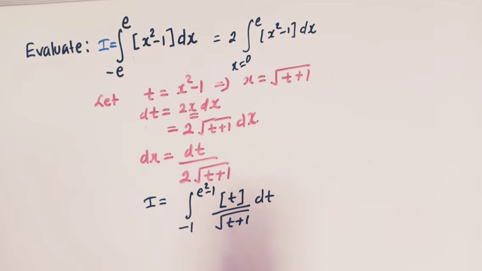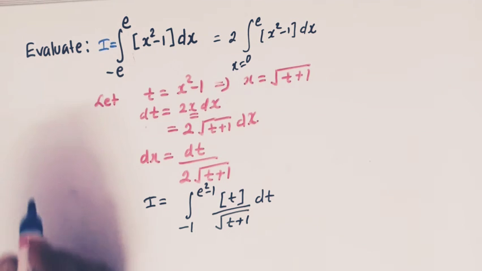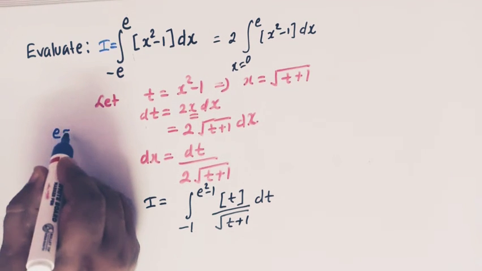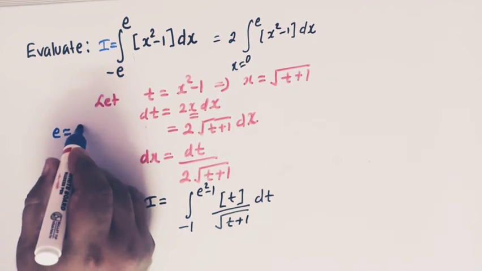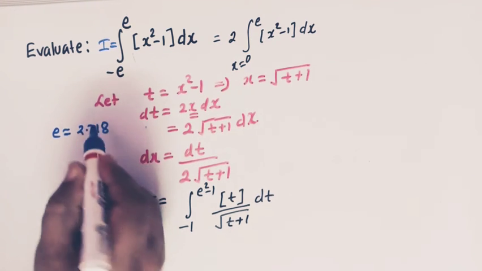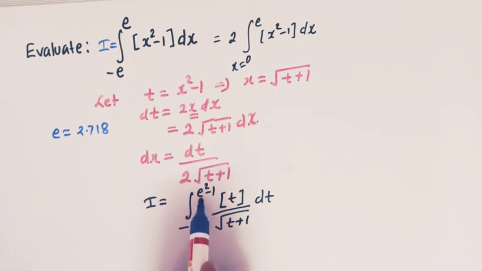Now e is the exponential number, and the approximate value of e is 2.718. We wish to find the value of e square minus 1, which is the upper limit.